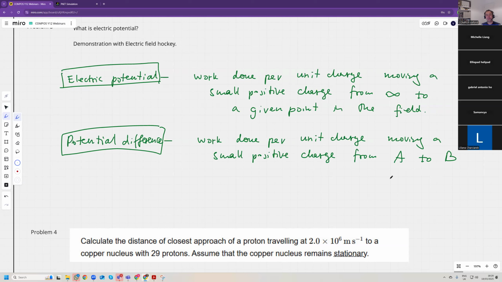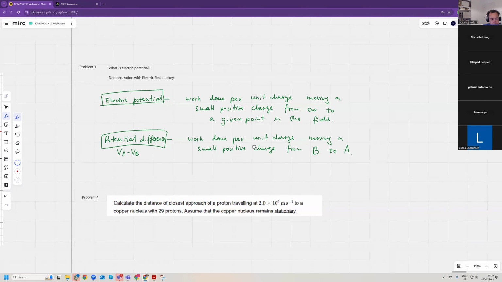There has to be a negative sign from B to A. The potential difference, that's VA minus VB, is moving from B to A. So it's the other way around. But it kind of makes sense because if you are moving a positive charge, you're doing work moving it from a low potential to a high potential.